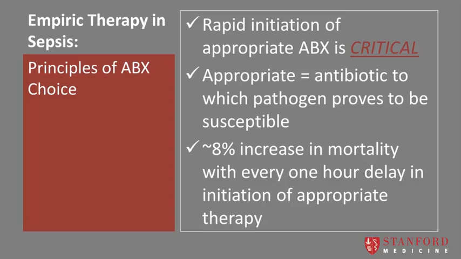An important element is choosing the appropriate antibiotic or antibiotics to administer in the critically ill patient with sepsis. That antibiotic must be administered as rapidly as possible, and in fact, in patients with septic shock, there is evidence that there is an almost 8% increase in mortality for every hour of delay in initiation of appropriate antibiotic therapy beyond the first hour.